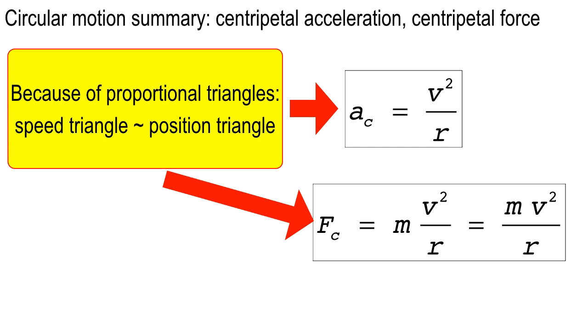The radius is in the denominator, so if you have a big radius, that means a nice, slow, lazy turn. Big radius, slow turn, granny time, not too much acceleration, not too much force, because it's in the denominator. Right? So that's the way that this formula kind of varies.